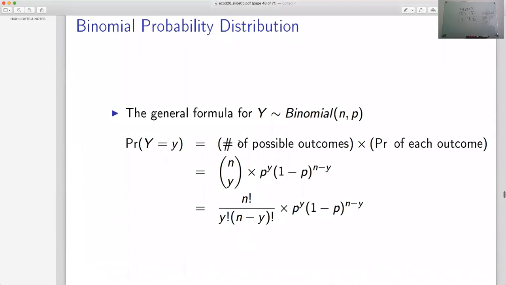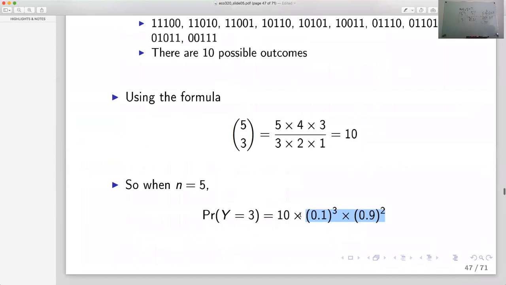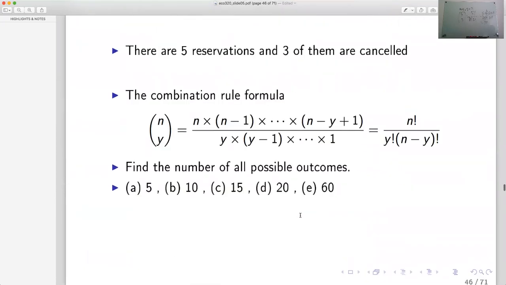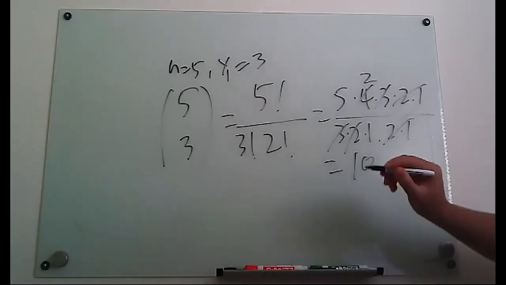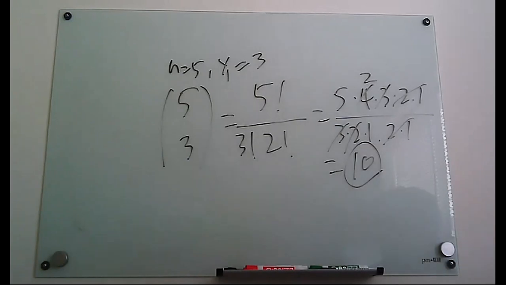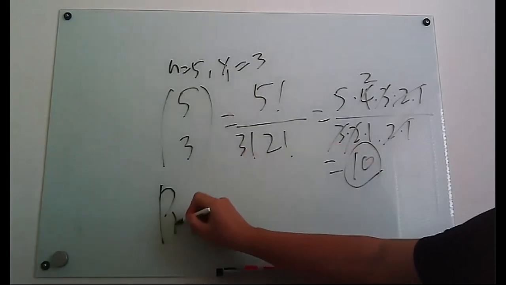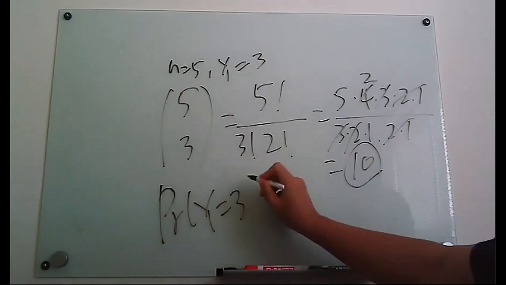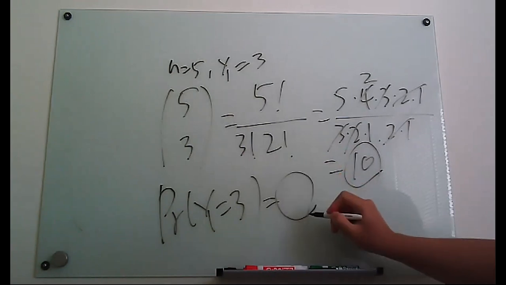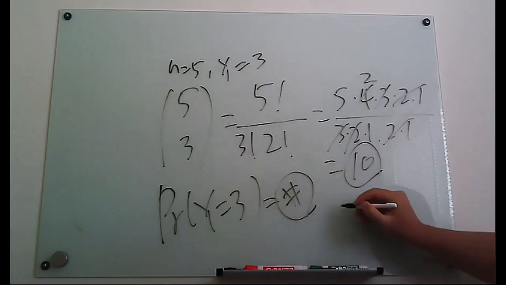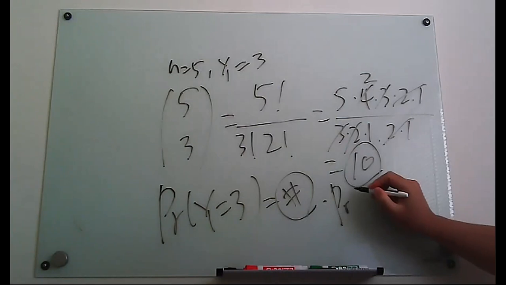For the binomial probability distribution, I will explain this one more time. The 10 is the number of possible outcomes, right? But if you are looking for the probability of y equal 3, then you need the number of possible outcomes times the probability of each outcome.